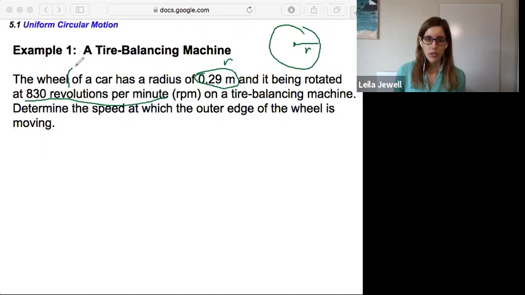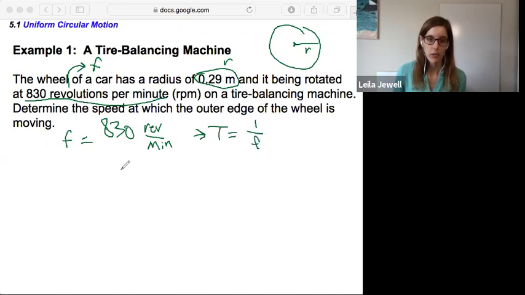Well, this, it turns out, is going to correspond more to the concept of frequency, which is 1 over the period. Because frequency is always going to have units of 1 over time, inverse time. And so to convert this to period, we just have to take 1 over it. And that will allow us to then have the time in the numerator as opposed to in the denominator. All right, so if our frequency is this 830 revolutions per minute, then our period T is just going to be 1 over the frequency, so 1 over this 830 revolutions per minute.